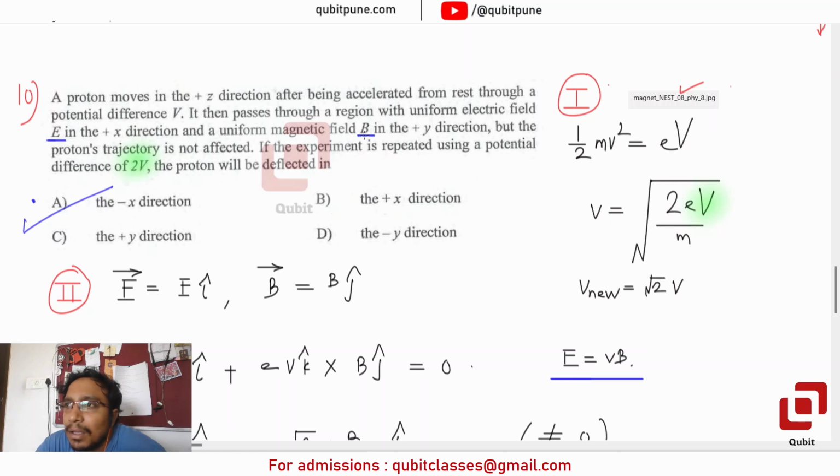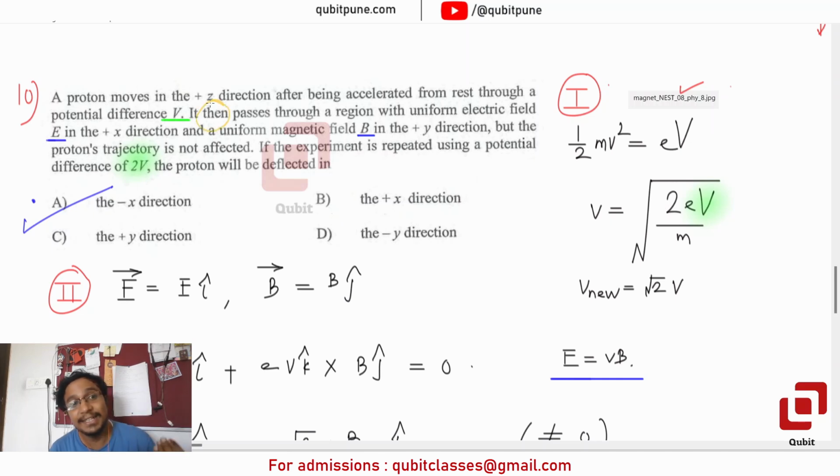But wouldn't doubling the potential difference also cause a change in the electric field? No. The agency that is creating the potential difference may not be the same as the one that is creating the field. Got it? So potential difference 2V doesn't make the electric field 2E. If that's what you thought, then that's not right. Correct?